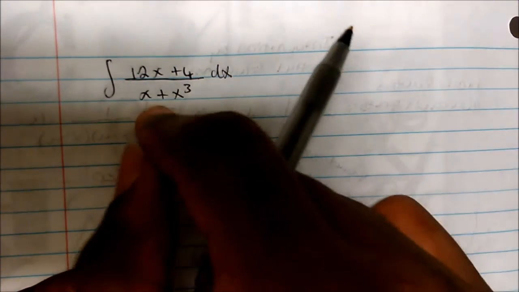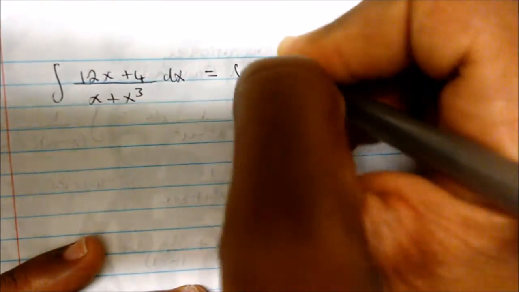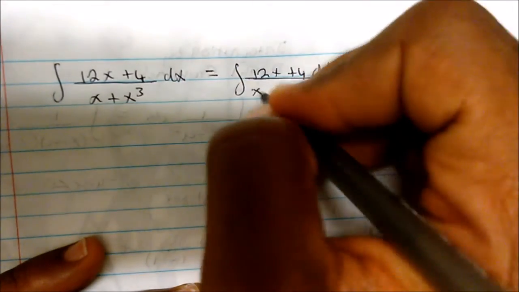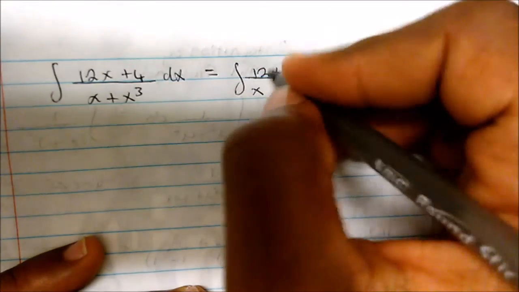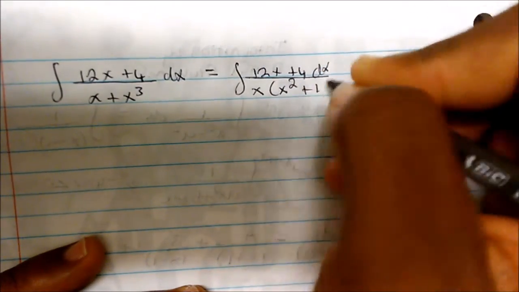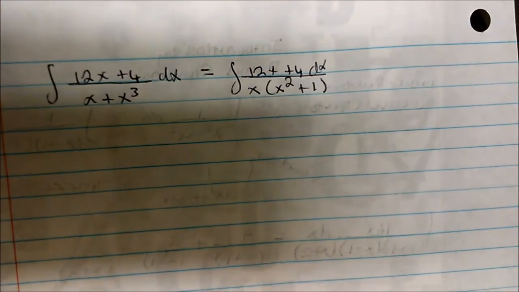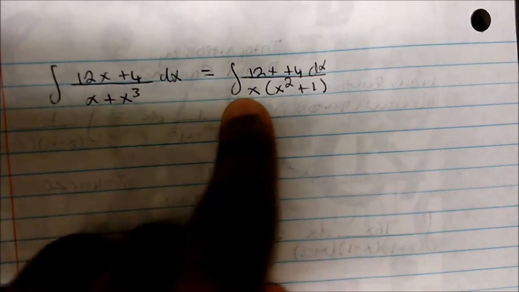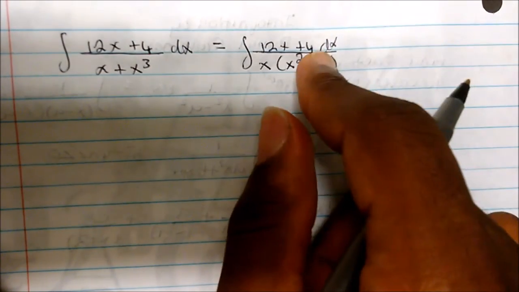Well, again, the first thing I'm going to do is factor the bottom. And so if I look at this, I see 12x plus 4 dx. I'm going to divide that by x. If I factor out an x, this becomes x times x squared plus 1. Okay. So all I did was factor out an x. So if I distribute, I get x cubed plus x. Okay. And so this is what my bottom is now.